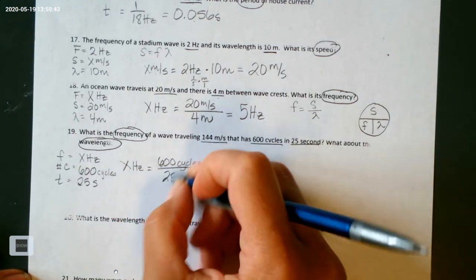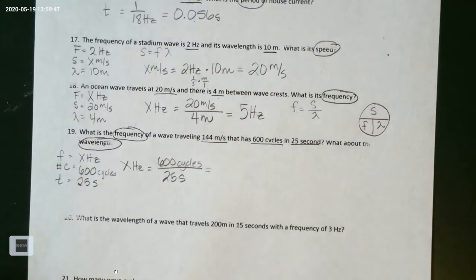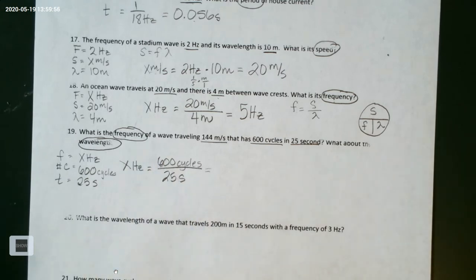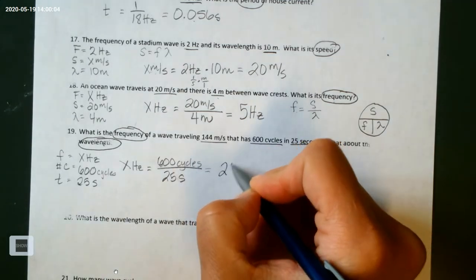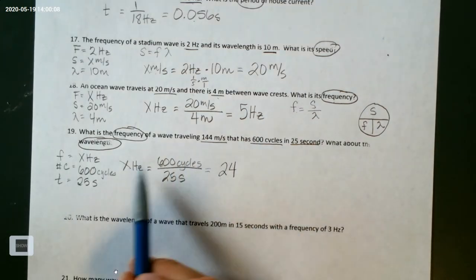Oops, that's a C, not an S. Seconds. Okay, and then you're going to do 600 divided by 25. You could also look at it and say, how many quarters, 25 cents, are in $6? You would do 600 divided by 25, and you would know that there are 24 quarters in $6. So you would have 24 hertz.